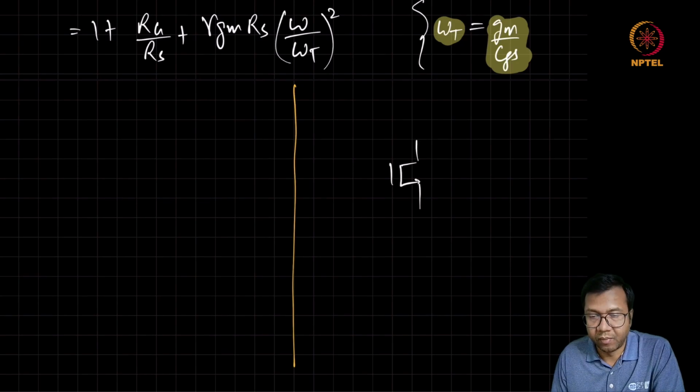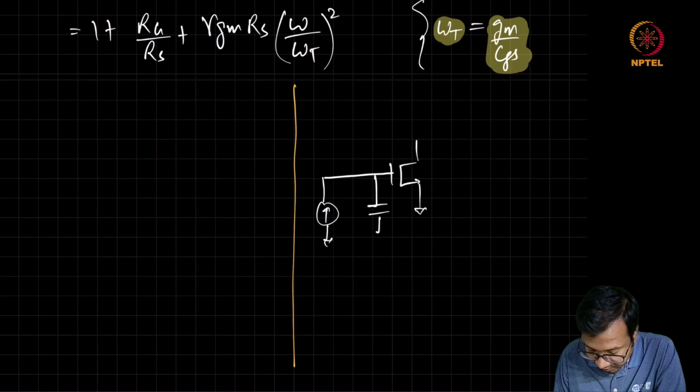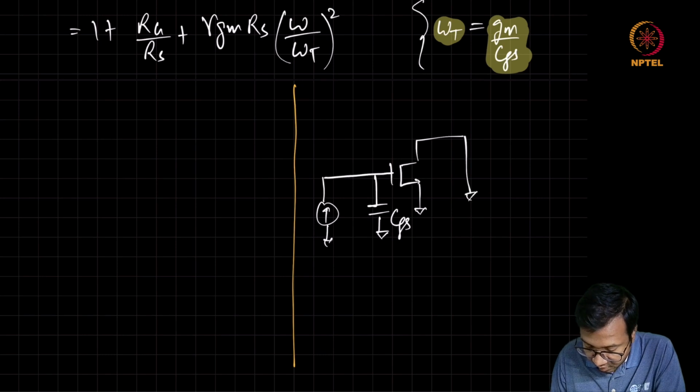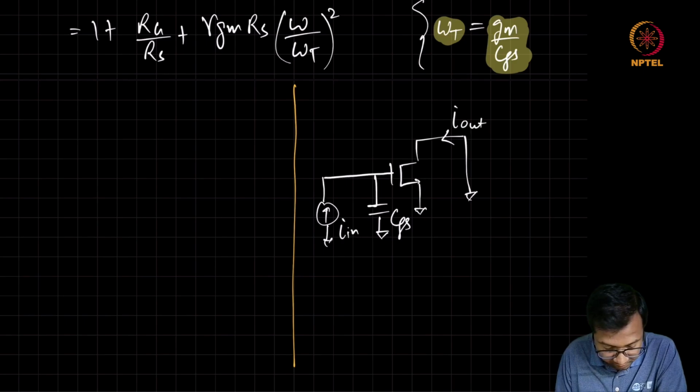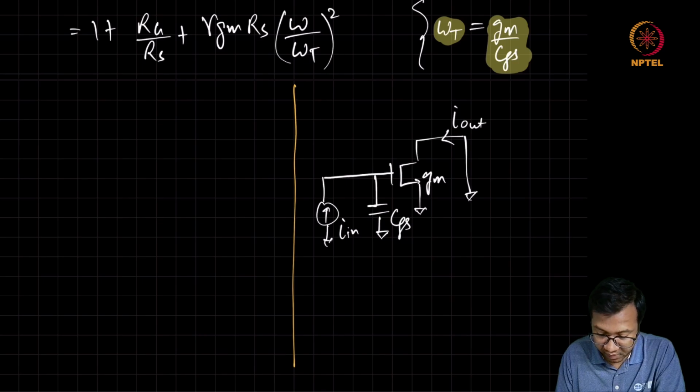So you bias the MOSFET in saturation and then try to find the current gain. So you apply an input I in, and try to measure what is the I out. The MOSFET is biased in saturation, okay, with some transconductance Gm.